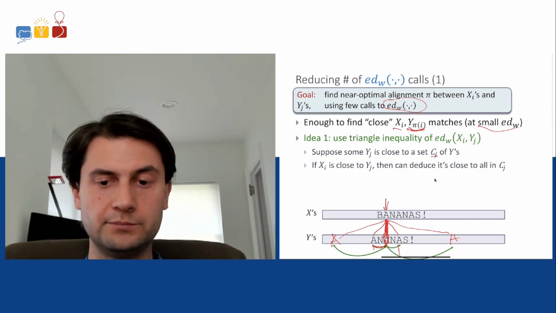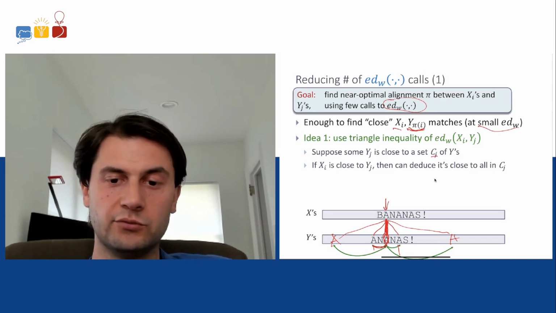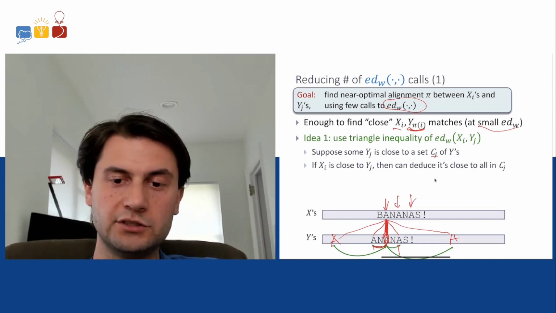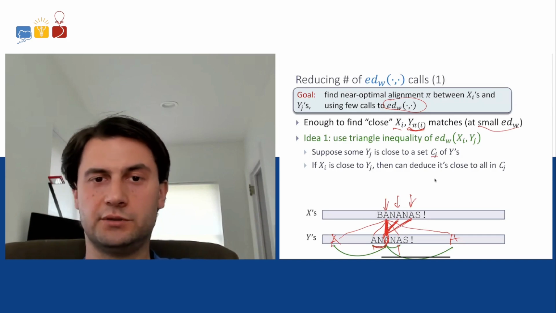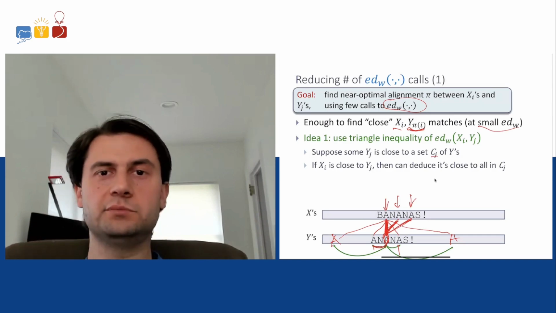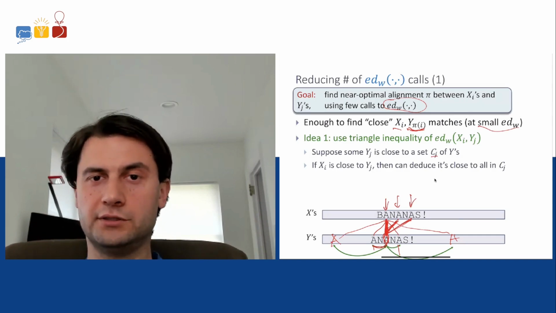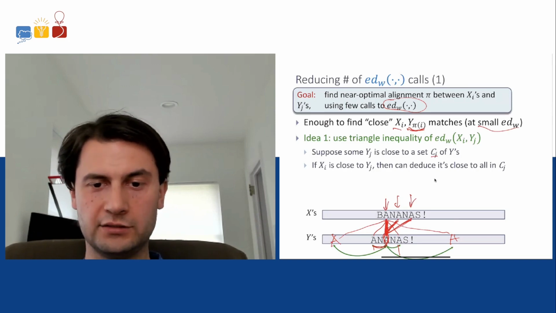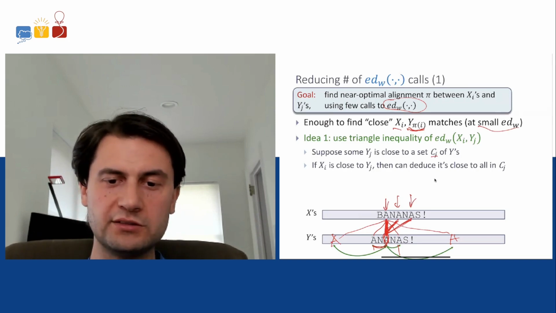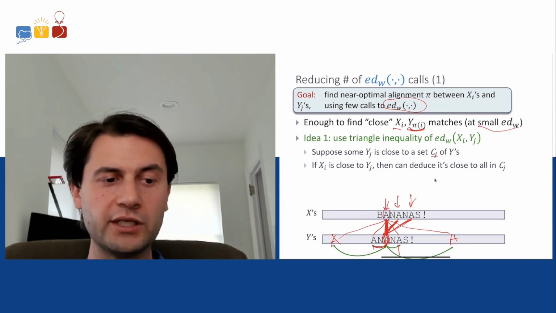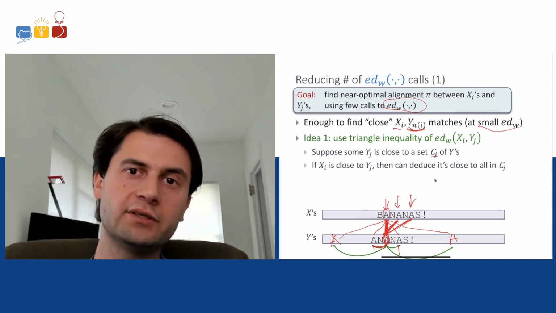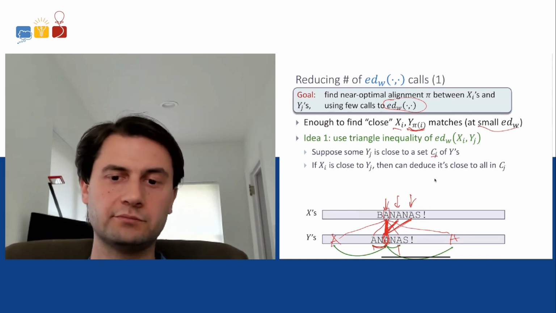For all these letters, we just need to compute to the center to deduce all the other similarities. This is the beauty of using triangle inequality: once we pre-process this yj, computing an xi which is close to it, we can deduce from that a lot of other close pairs.